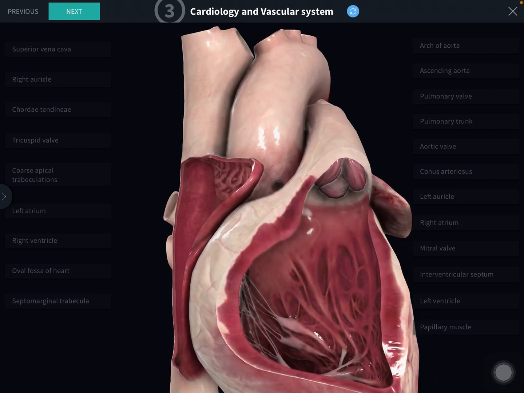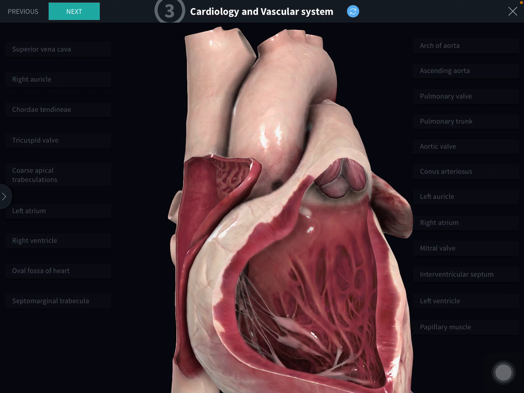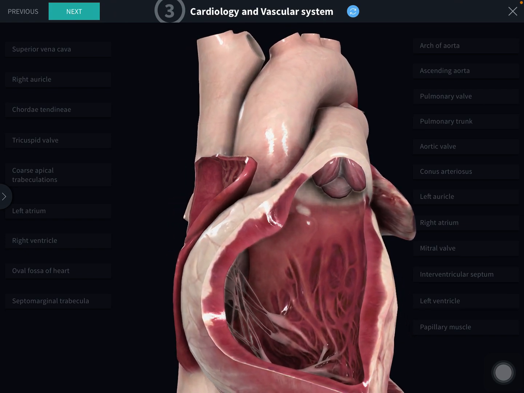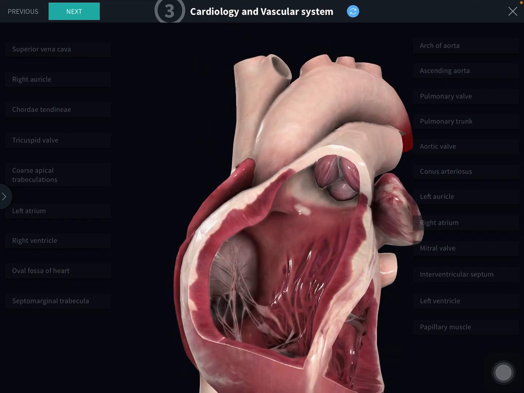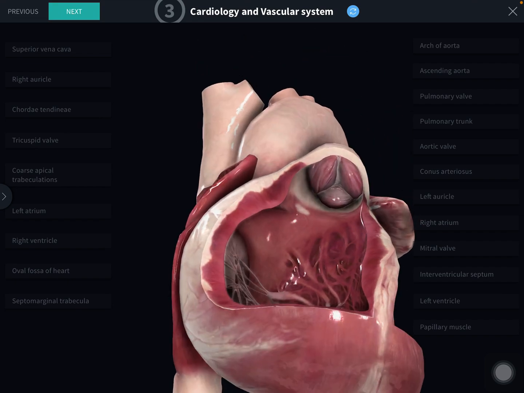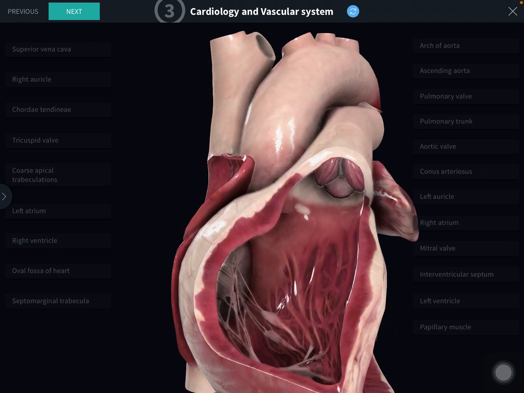The conus arteriosus with its outflow orifice is situated above, in front and to the left side of the inflow tract. The blood of the inflow tract during the ejection through the outflow tract makes roughly an obtuse angular bend. So you should imagine the blood flow from this orifice to this orifice. It is an obtuse angular bend.